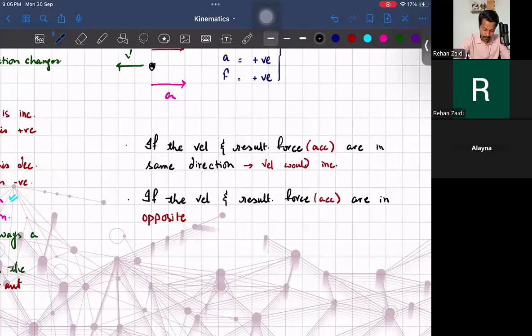Opposite direction, the velocity would decrease.